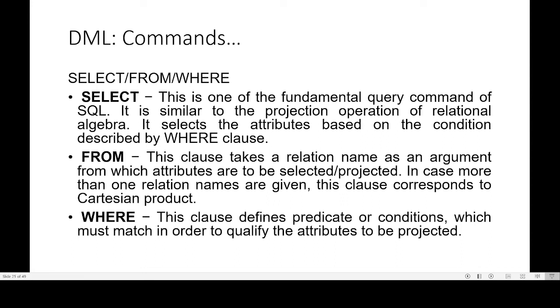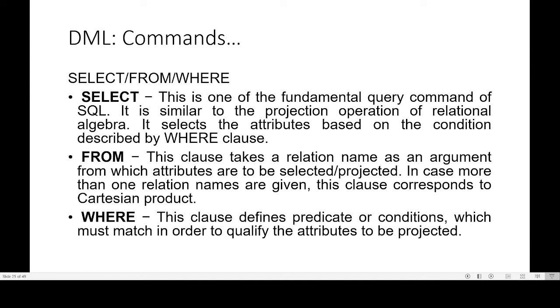In select, first we'll see how we can use the select command. Select is the fundamental query in a DML statement. It is similar to the project operation, so it selects the attributes, meaning it selects the columns based on the condition described by the where clause.